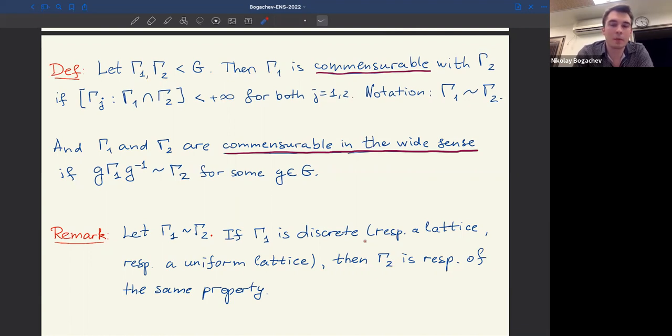We are also interested in commensurability in the wide sense, which means that they are commensurable up to conjugation by an element of the full isometry group of the hyperbolic space. An important remark is that if you have two commensurable groups, and gamma 1 is discrete, a lattice, or a uniform lattice, then gamma 2 has the same property.